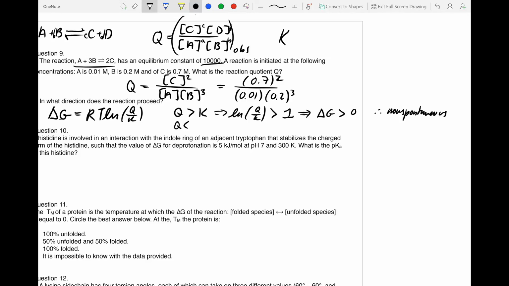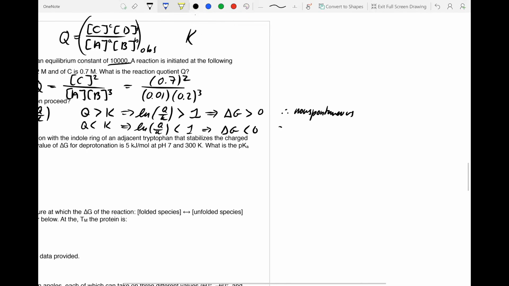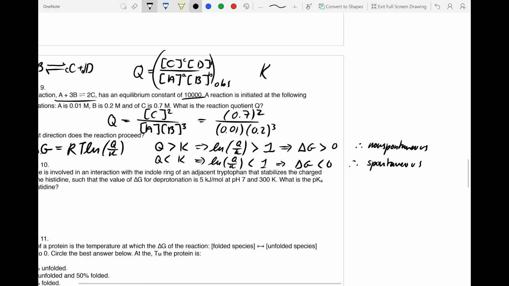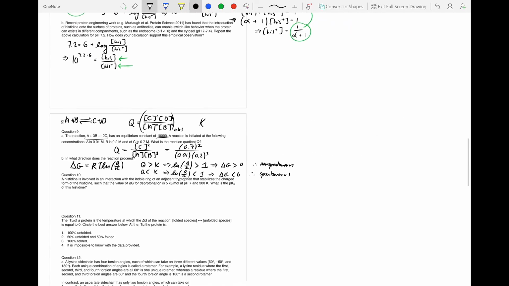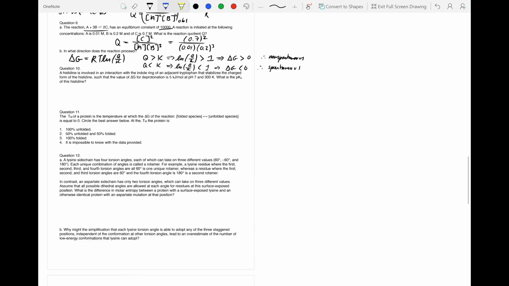If Q is less than K, natural log Q over K is going to be less than 1, and the change in free energy is going to be less than 0. And that means that we're going to have a spontaneous reaction. So depending on the value that you get for Q and the value that you get for K, you can compare the two and determine whether this reaction is going to be spontaneous or not.